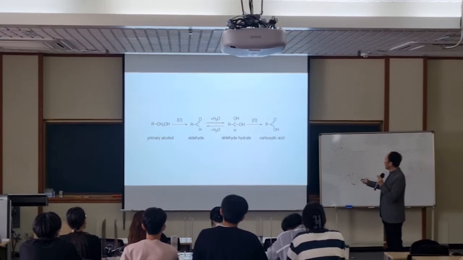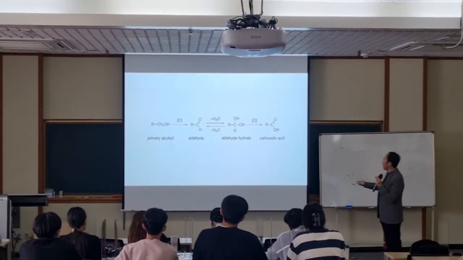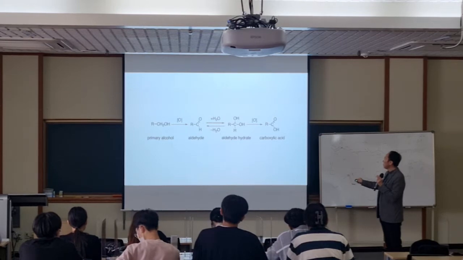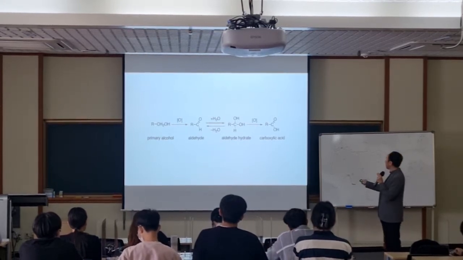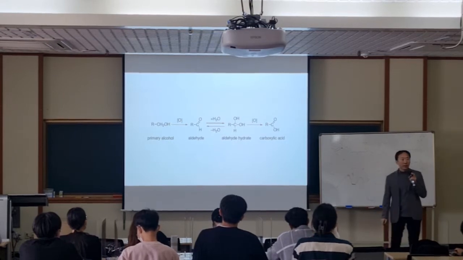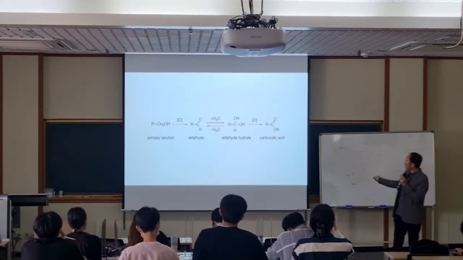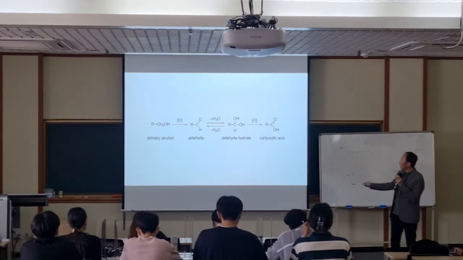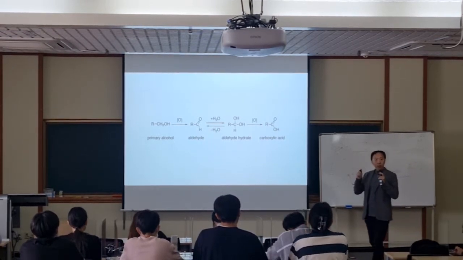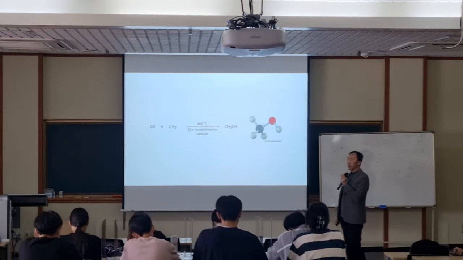This kind of product may be formed, but forget about this for now. The alcohol, the first oxidized product is the aldehyde, and then the further oxidized form is the carboxylate. So this is a reaction that we can utilize. This part we are going to learn later. Today we are going to focus on alcohol. First oxygen and alcohol.